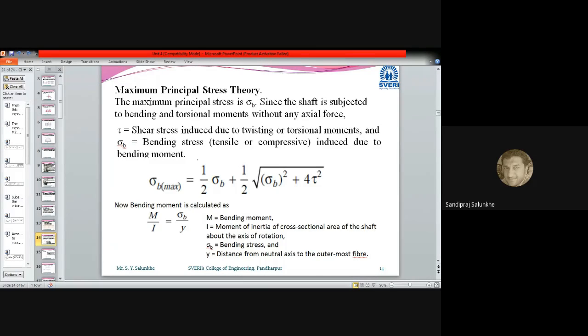Basically, we are going to consider that the shaft will undergo two stresses, torsional stress and bending stress. Why?